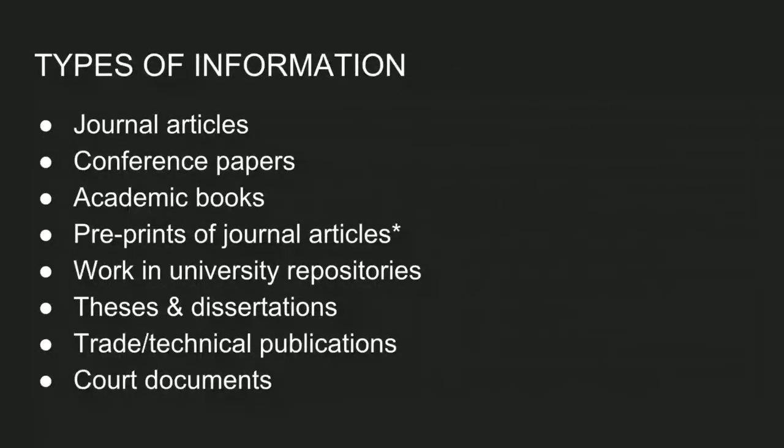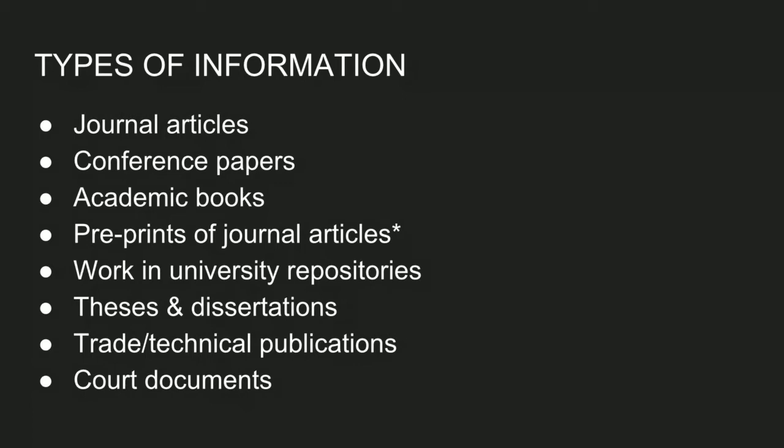So the types of information that you'll actually find in Google Scholar is, of course, journal articles. You're also going to get back preprints of journal articles. What this is, they are not officially published articles. And you'll also get back academic books, whether they've been scanned in or they're ebooks. You will get conference papers, conference proceedings usually.